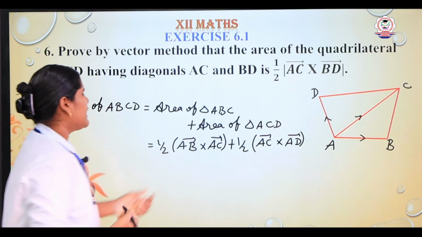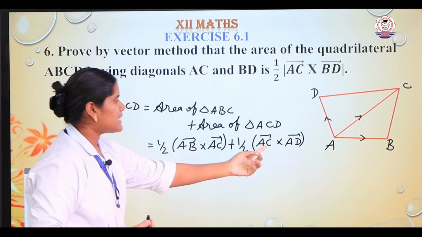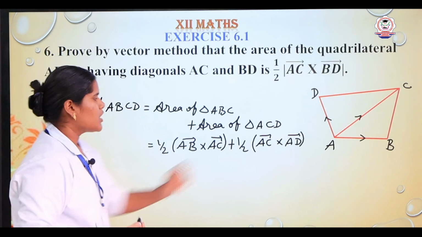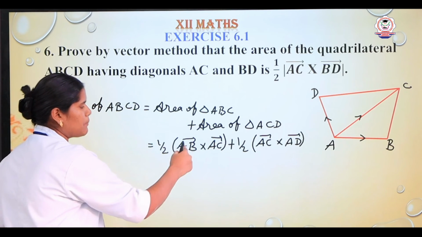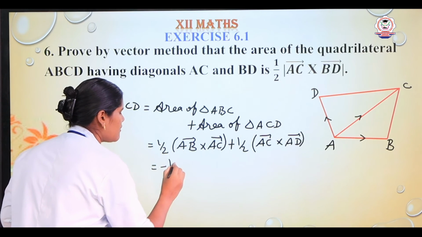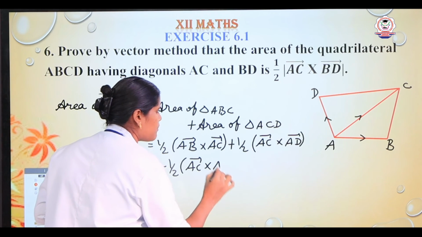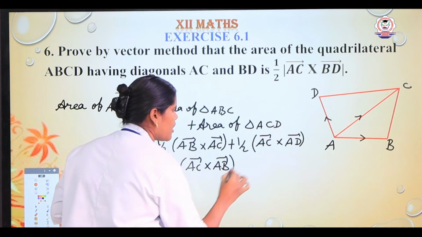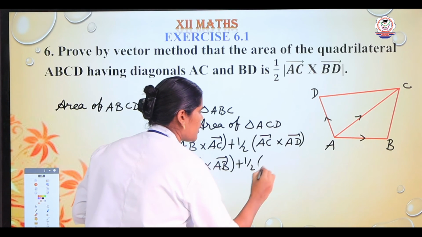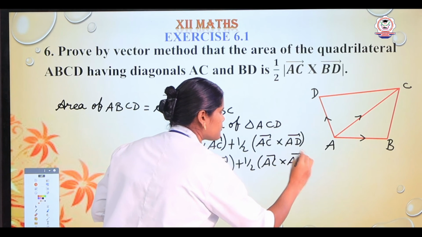Now in the first term AC is in the second position, but in the second term AC is in the first place. So now we are going to interchange AC and AB. So we will get negative half of AC vector cross AB vector plus half of AC vector cross AD vector.